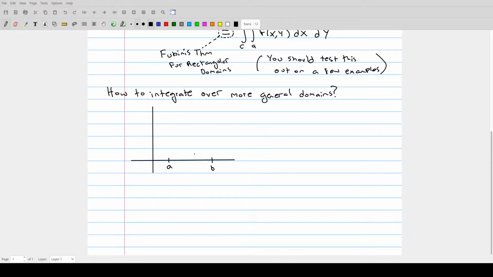But a more general domain is going to be something that is bounded above and below by a and b in x, and above and below by c and d in y. It maybe has a shape that looks sort of like this.